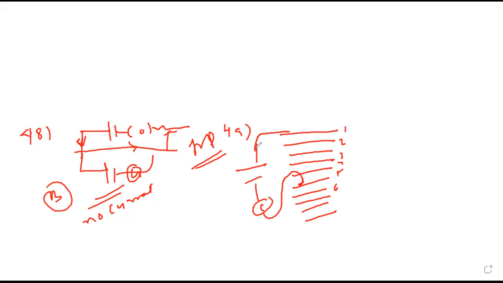This is the question. We want to shift it to 8th wire. What we should do? The battery which is getting balanced, uska voltage will not change. So E equal to K into L. This will not change. This is constant. So KL is constant, but we are interested in changing length.